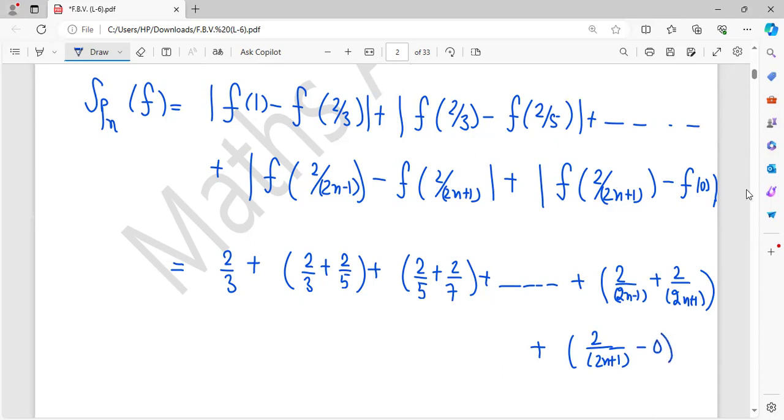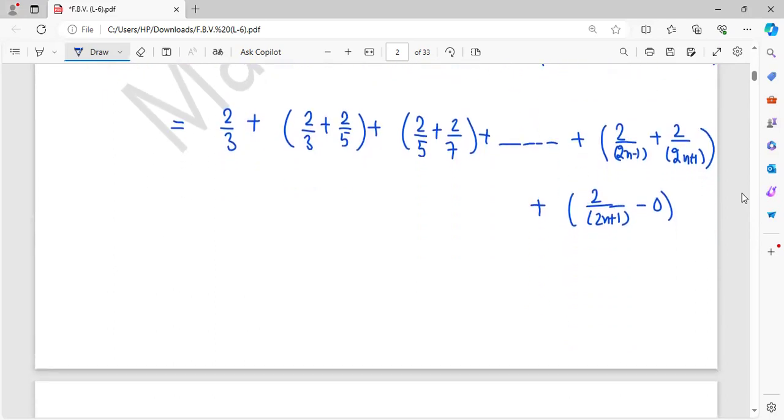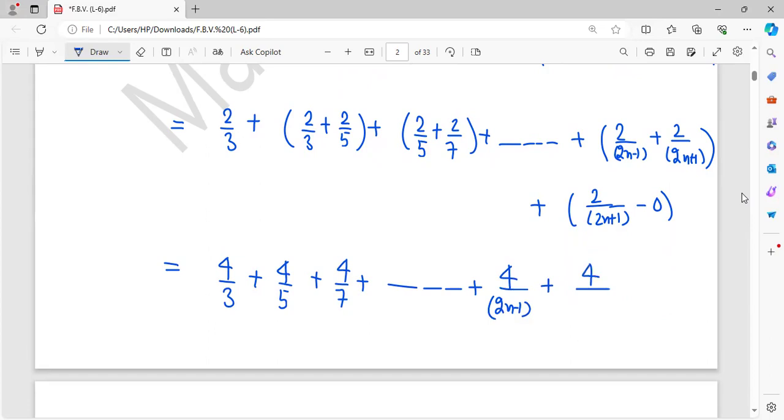Adding all these terms, you will get 4/3, 4/5, 4/7, like that, and 4/(2n-1) and 4/(2n+1).